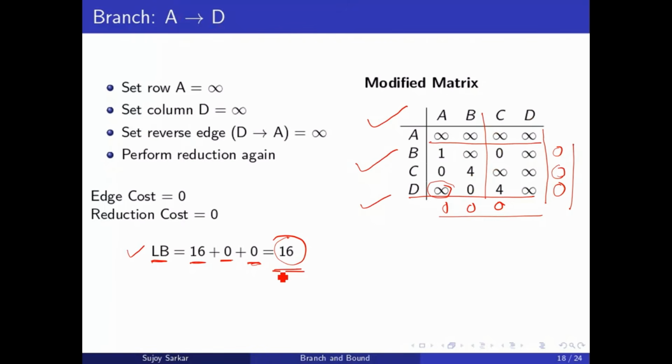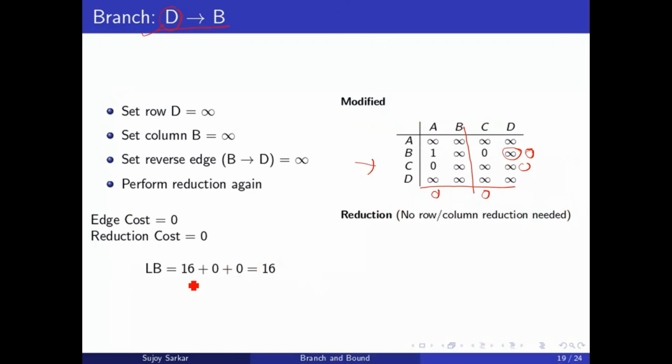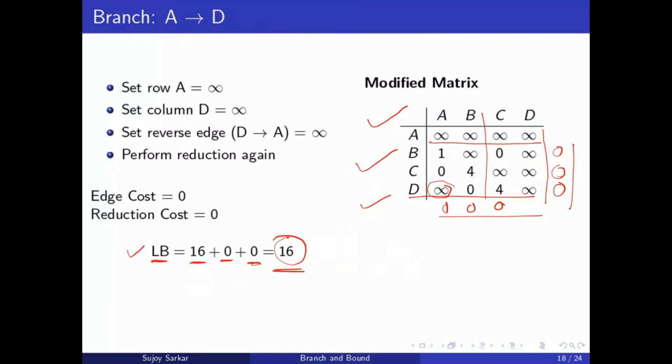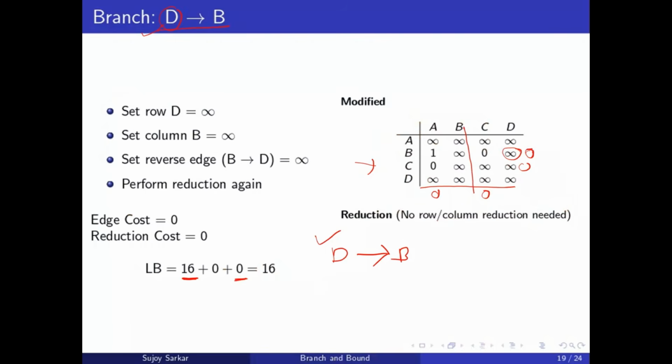Parent lower bound was 16. So parent lower bound 16, reduction is 0, and we have to look at the edge cost D to B in the parent reduced matrix. Parent reduced matrix means this one. D to B, edge cost is 0. So we'll take that as 0. So total lower bound is 16.